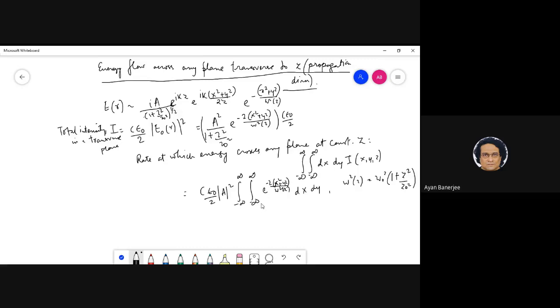So what I basically have, if I just write this, e to the minus 2 (x squared plus y squared) by omega squared z, that is actually e to the minus 2 (x squared plus y squared) divided by omega 0 squared (1 plus z squared by z0 squared).